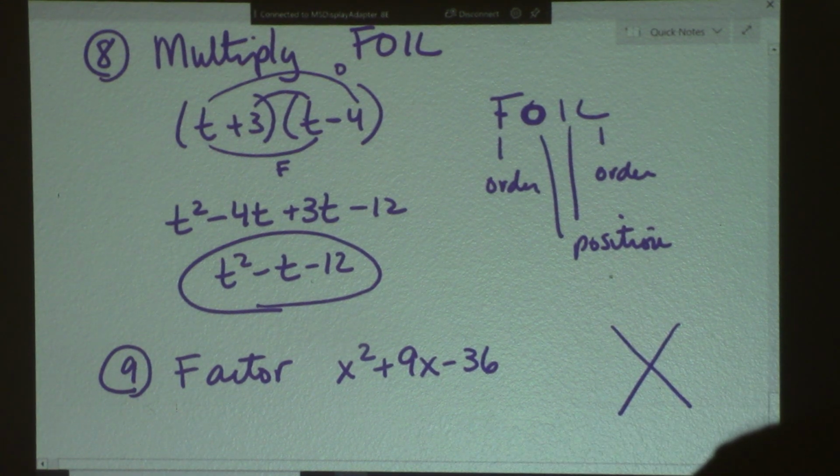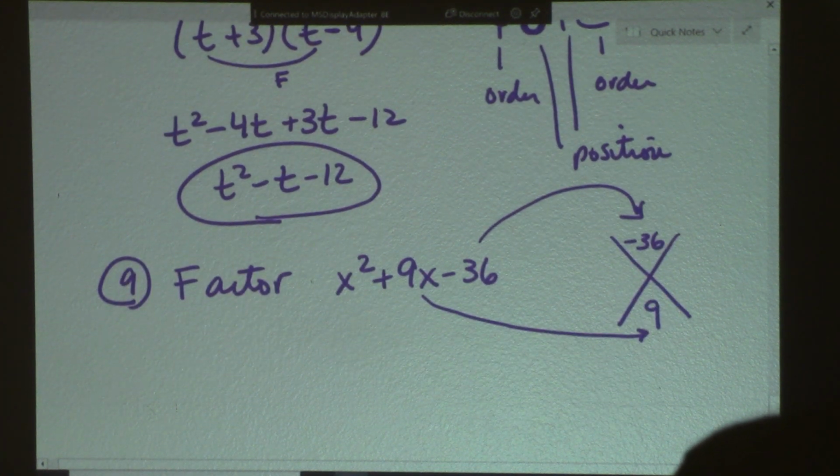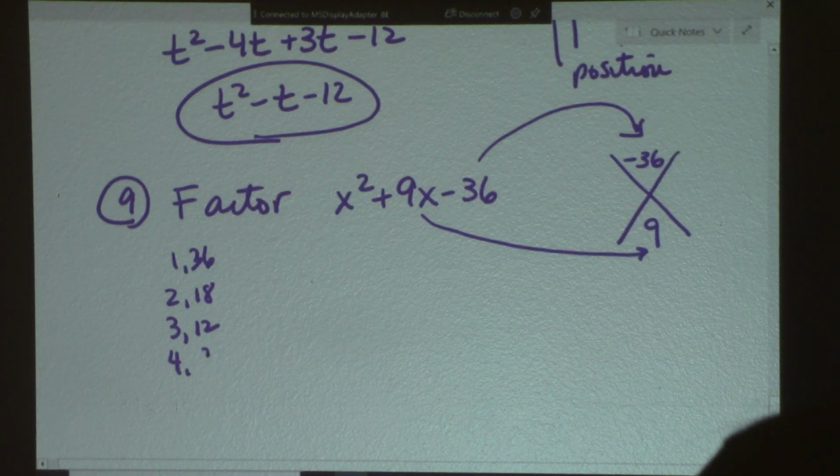So I put this number here, c, don't forget the negative, and I put b, my second term, right here. So I have to list my factors of 36. So I've got 1 and 36, 2 and 18, 3 and 12, what else? How about 4 and 9 and 6, okay?